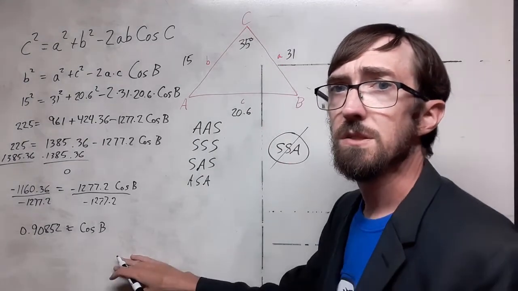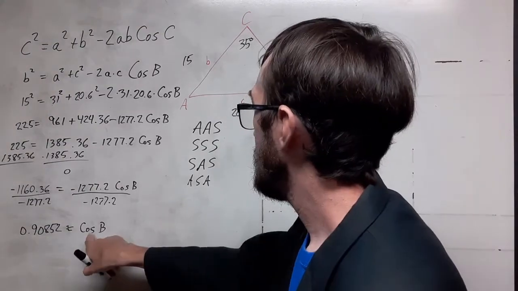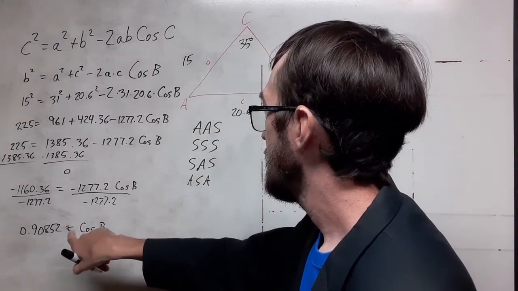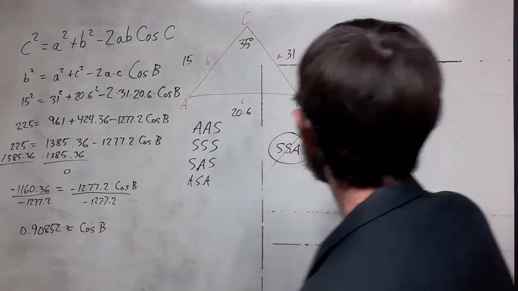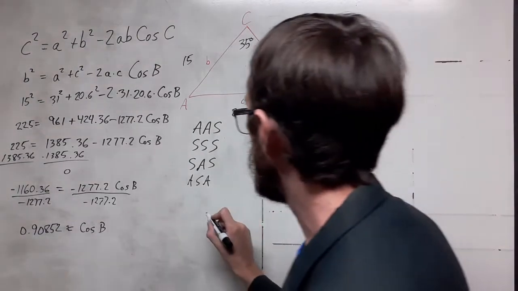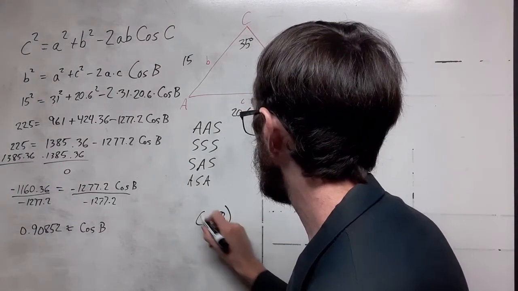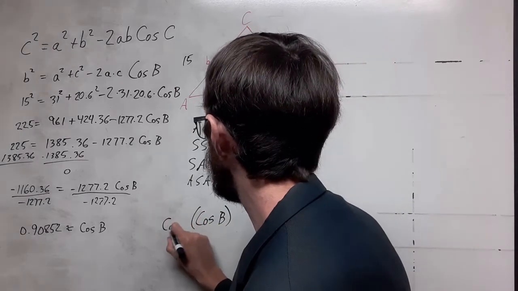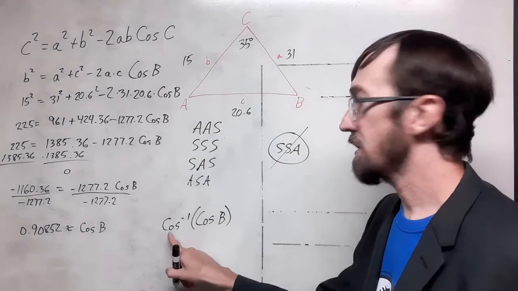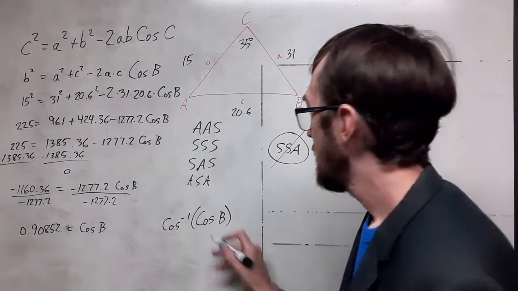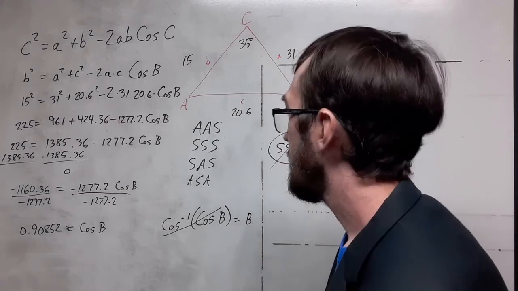How do we get B by itself? Well, that's a trigonometry thing. We have to know what the inverse function is for cosine. So over to the side, just to talk about this, if I have cosine of B and I want B by itself, I need the inverse function of cosine, which is the arc cosine. And then these cancel, giving us the B there.